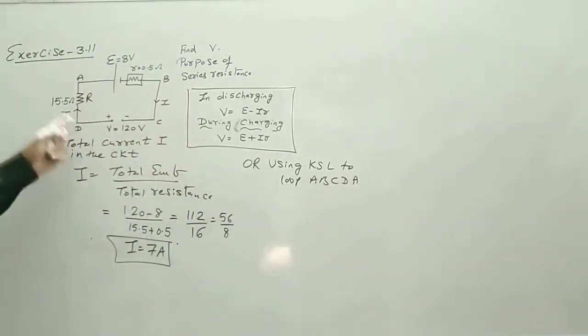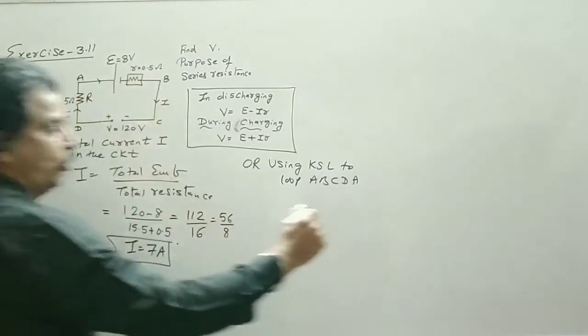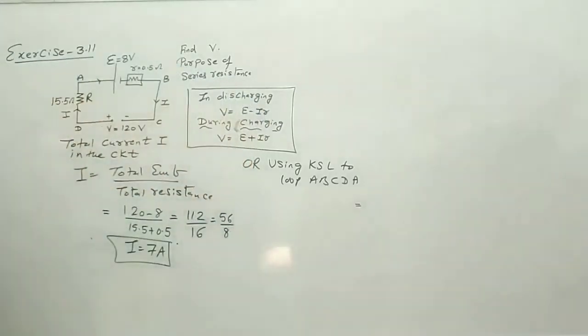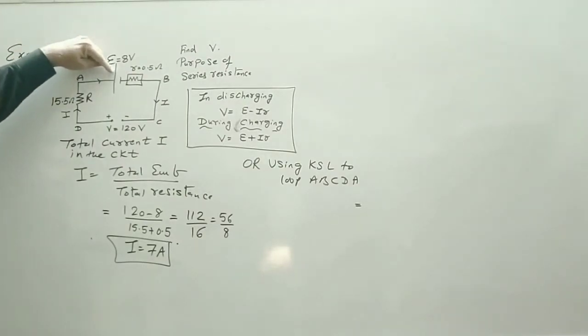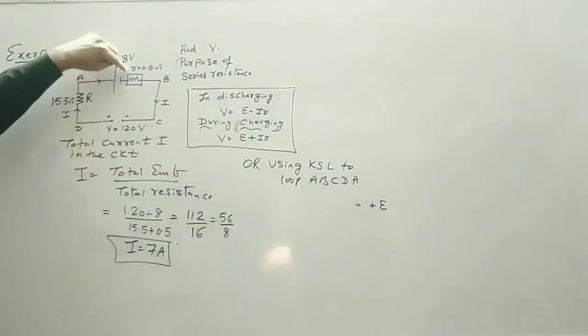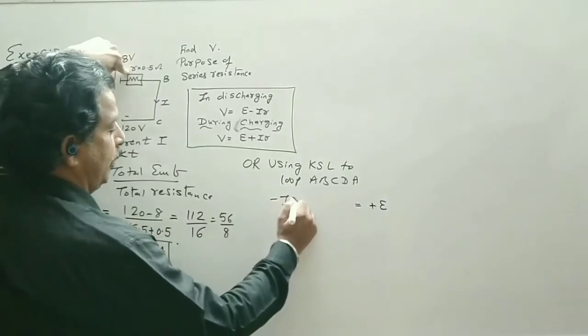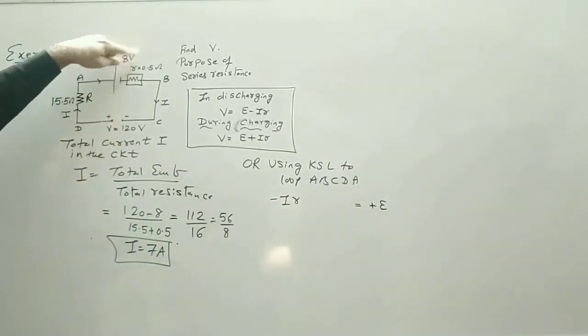Suppose we apply Kirchhoff's law. So here I am moving in the direction of current. First I get the plus terminal, so plus E. Then the current is flowing from A to B, so I come across an internal resistance in the direction of current, minus Ir, potential drop.